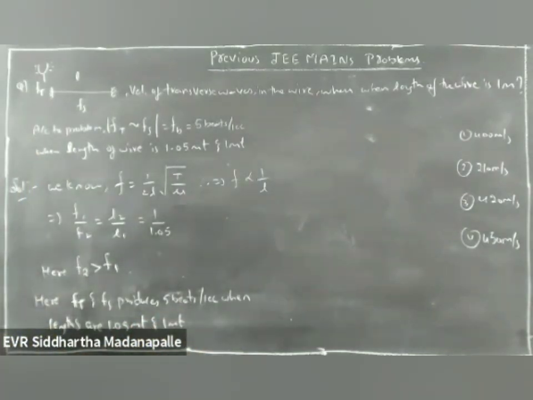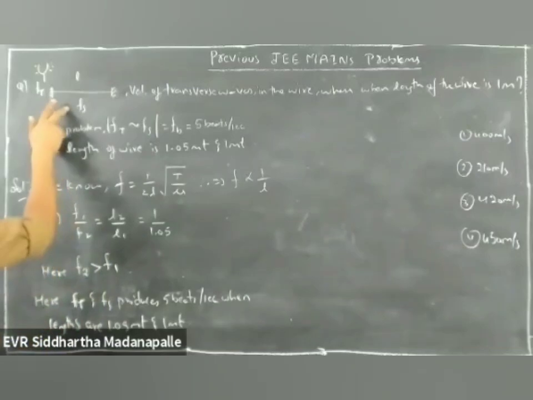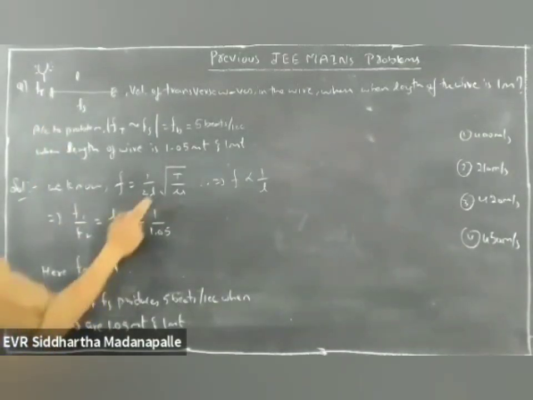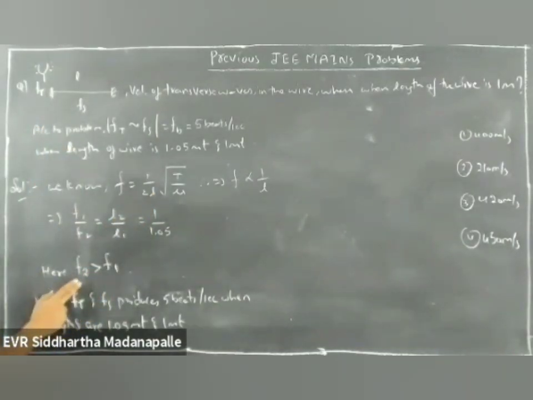So whatever the beat frequency is, it is between these two frequencies, right? f1 is the frequency of the string when the length is L1 and f2 is the frequency of the string when the length is L2.